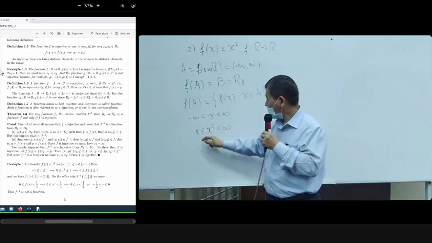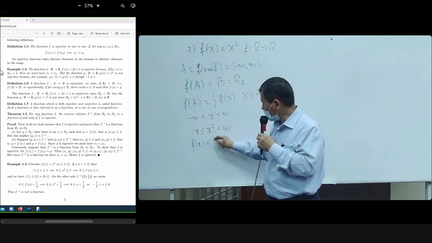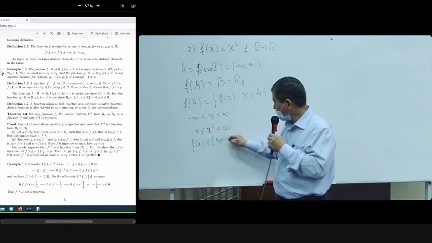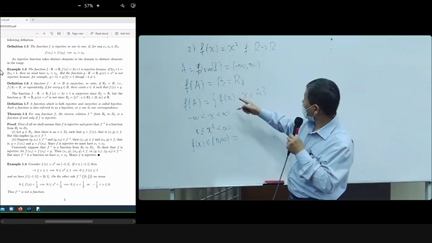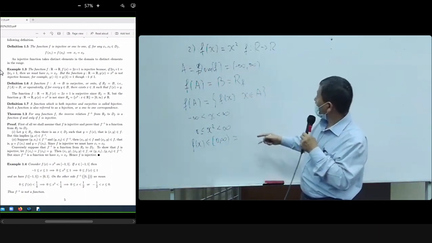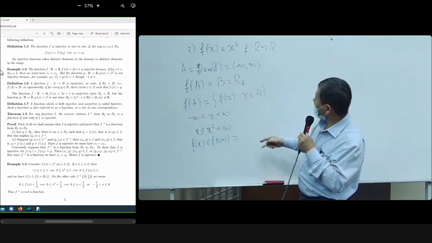So this f of x belongs to 0 to infinity, which is not equal to A, yeah?